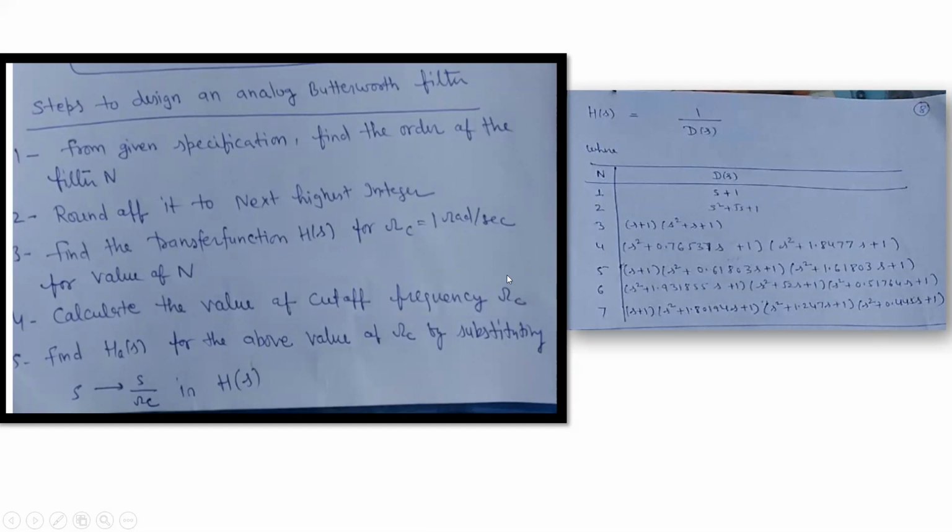You have seen the formula to calculate the cutoff frequency, and from there you can find its value. The final analog Butterworth filter can be obtained by replacing s by s upon omega c. This is the procedure of designing the analog low pass Butterworth filter.